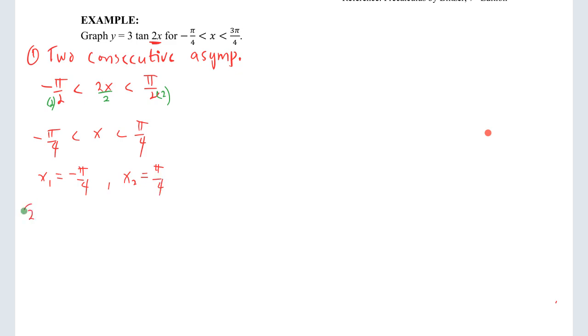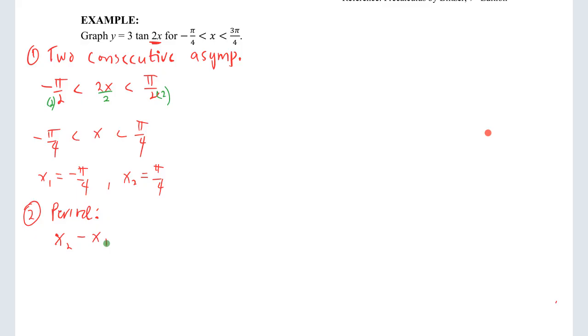Next step, I am now going to identify the measurement of that one period. For the period, we will just be finding the distance between the two asymptotes. Meaning I will just subtract the first asymptote from the second.